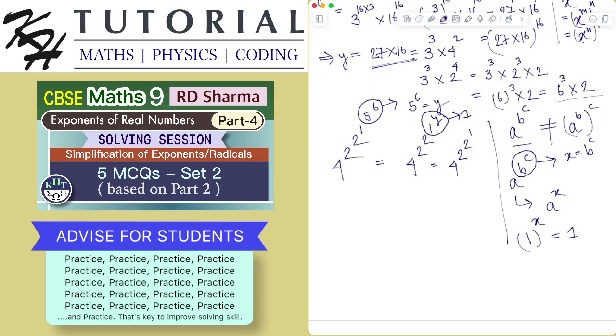Next I will find 2 to the power 1. Obviously, 2 to the power 1 is 2. So this becomes 4 to the power 2. Then I will evaluate 2 squared, which is 4. So this becomes 4 to the power 4.